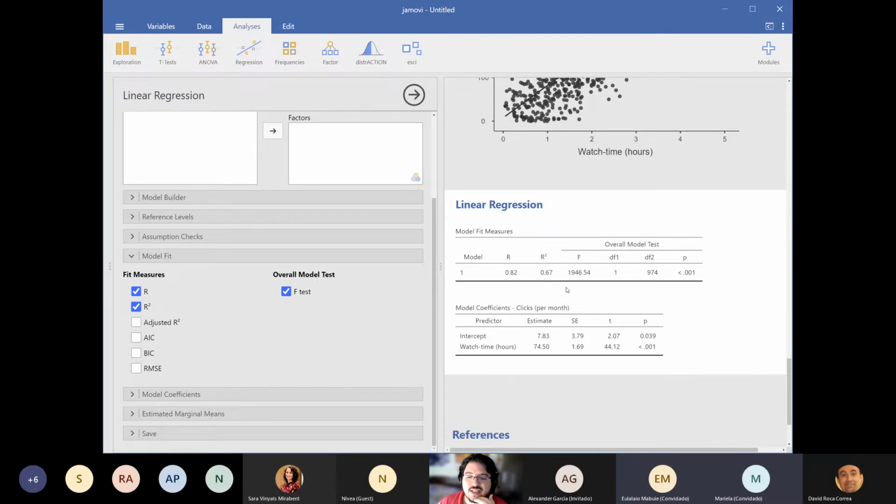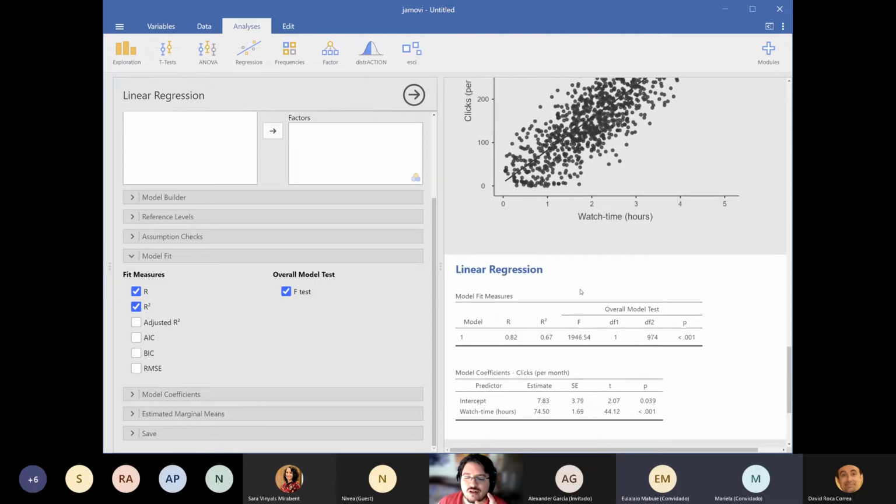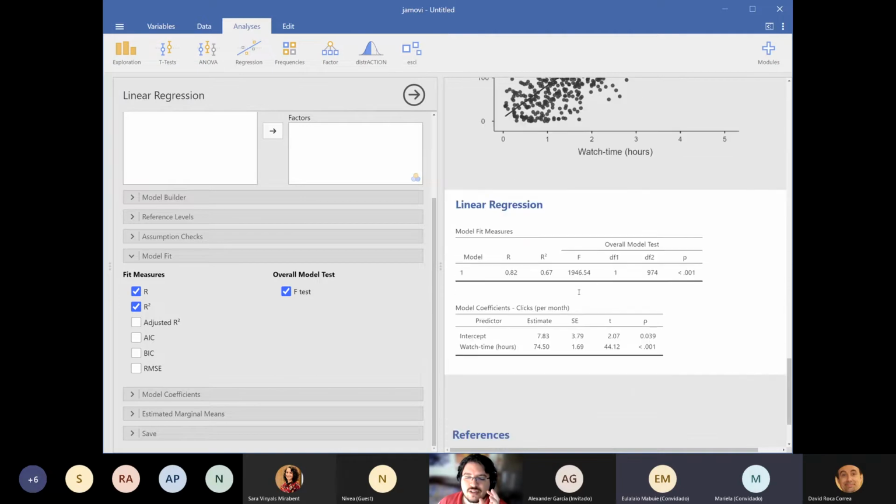And when you do the F test, you get the F statistic. Don't worry about it. The important thing is that the F statistic has a probability associated to it. The null hypothesis being these two variables are not related at all. This is the observation that you make, the F statistic. What is the probability of observing something like this or more extreme and my variables not being related at all?